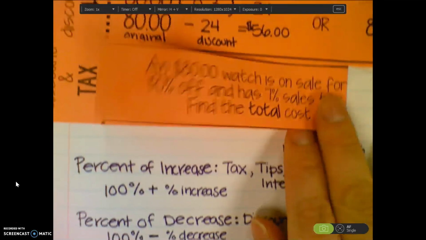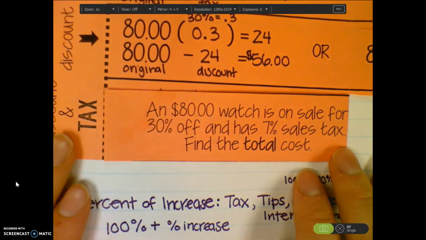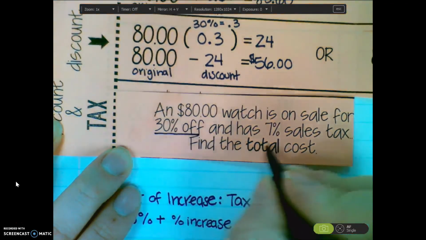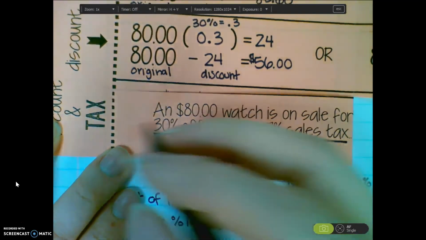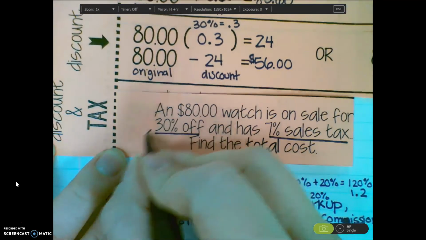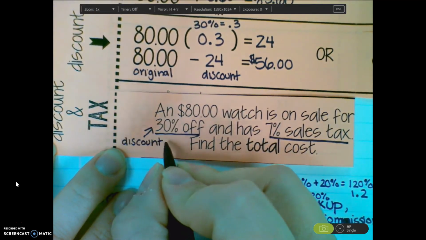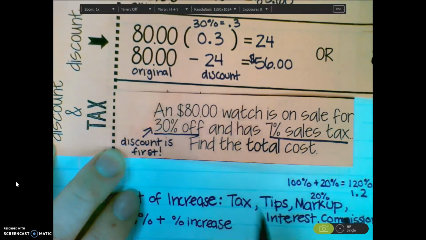Okay, so the last example here is, what do you do when there is more than one percent change going on? So I have a discount and I have a tax. The answer is that the discount, and this is how stores do it as well, is always going to be first.